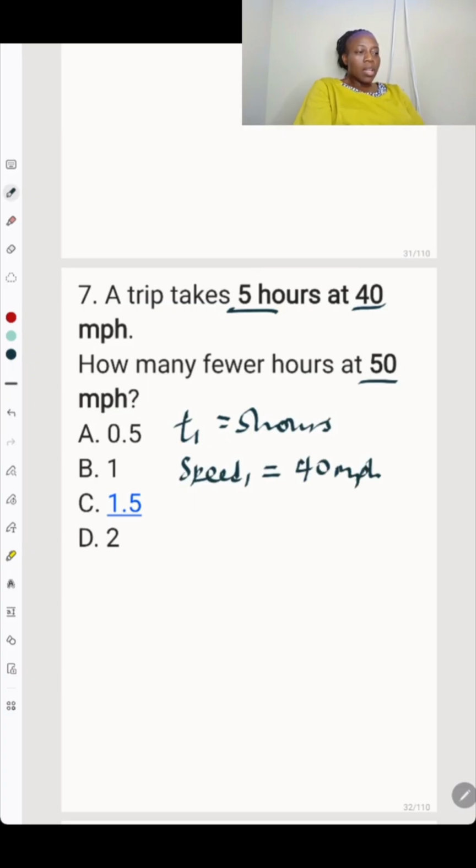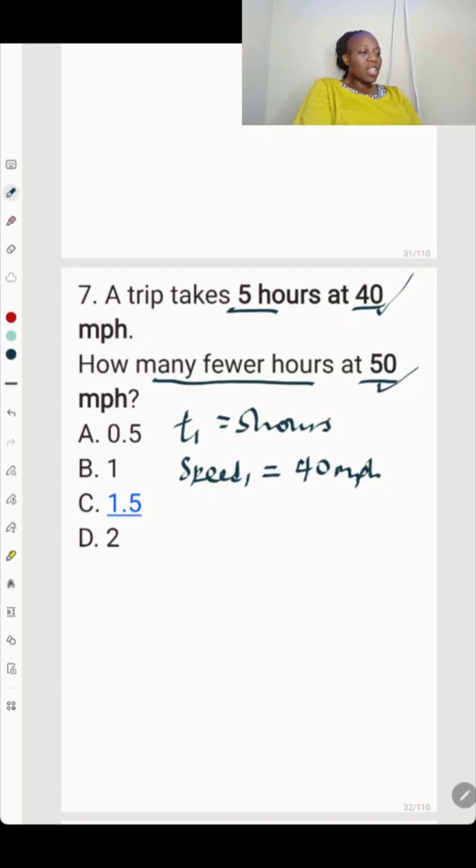Because we are looking for difference in time, what the best way will be, calculate the distance so that you can use that distance from here to calculate with this speed for you to get the time and now subtract it.